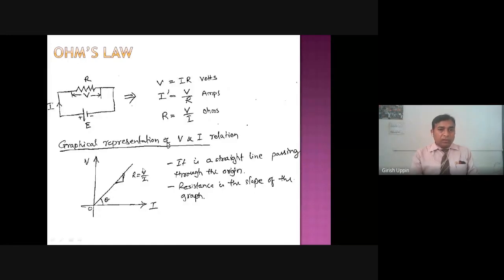This is the simple circuit. We have a resistor with a resistance of R, and the applied voltage across it is V, and the current flowing in the circuit is represented by I.